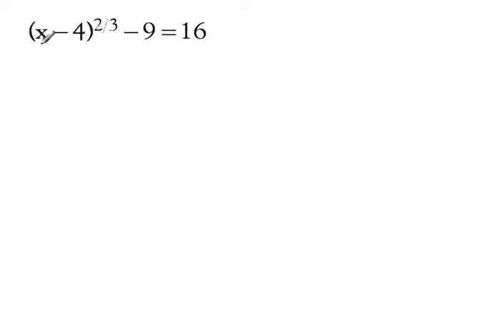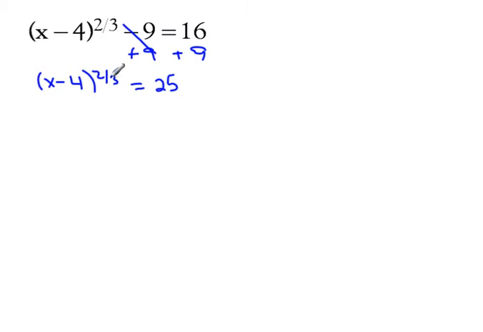This next one, I actually want to get this x minus 4 to the 2/3 by itself. So my first step is to add 9 to both sides. So I end up with x minus 4 to the 2/3, those cancel out, equals 25.